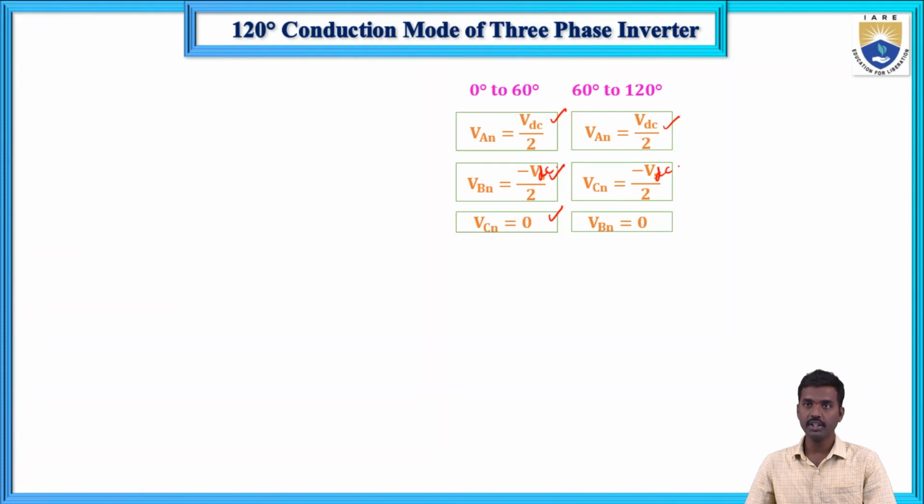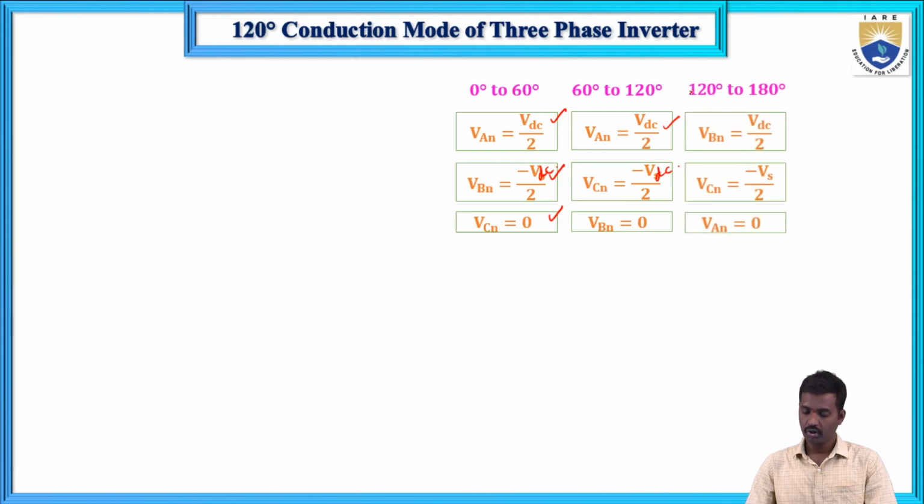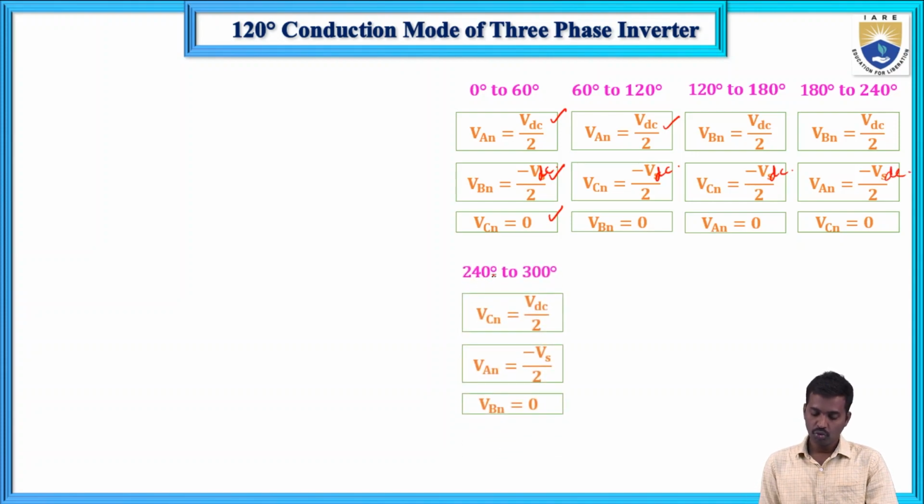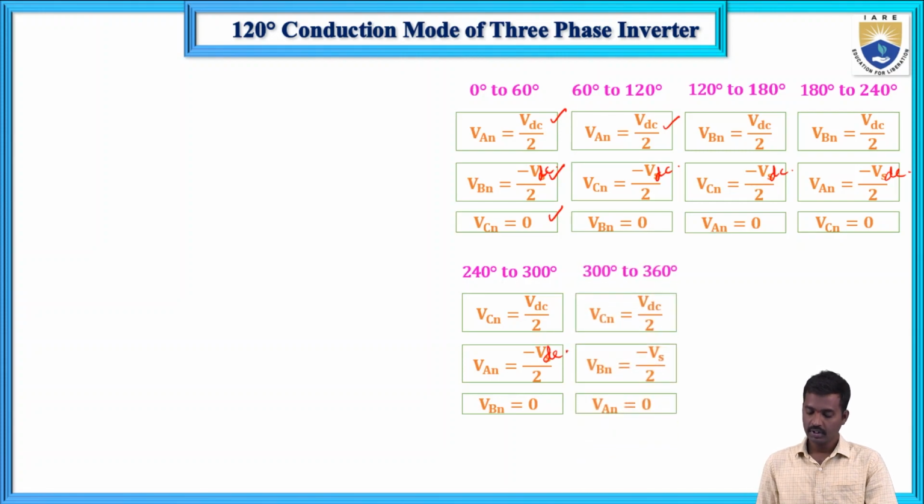So the three phase voltages from 120 degrees to 180 degrees, VAN, VBN, VCN. From 180 degrees to 240, this is VDC. From 240 to 300, VAN, VBN, VCN. This is VDC. From 300 to 360, VAN, VBN, VCN.